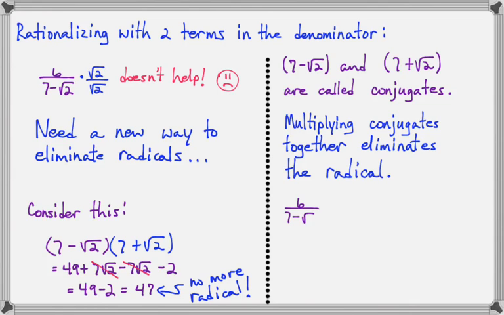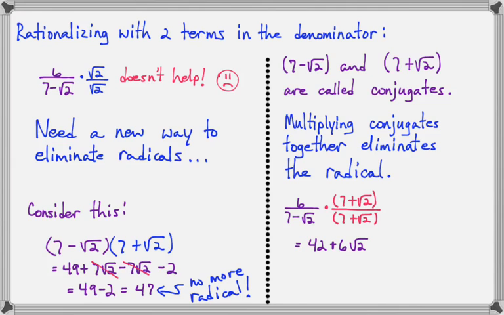So if we go back to our original problem now, and we try to multiply the top and the bottom by that conjugate, watch what happens. I'll have to distribute the 6, so 6 times 7 will make 42, and 6 times this radical will make minus 6 square root of 2, and I've got a little typo there, so that needs to be a plus 6 square root of 2.